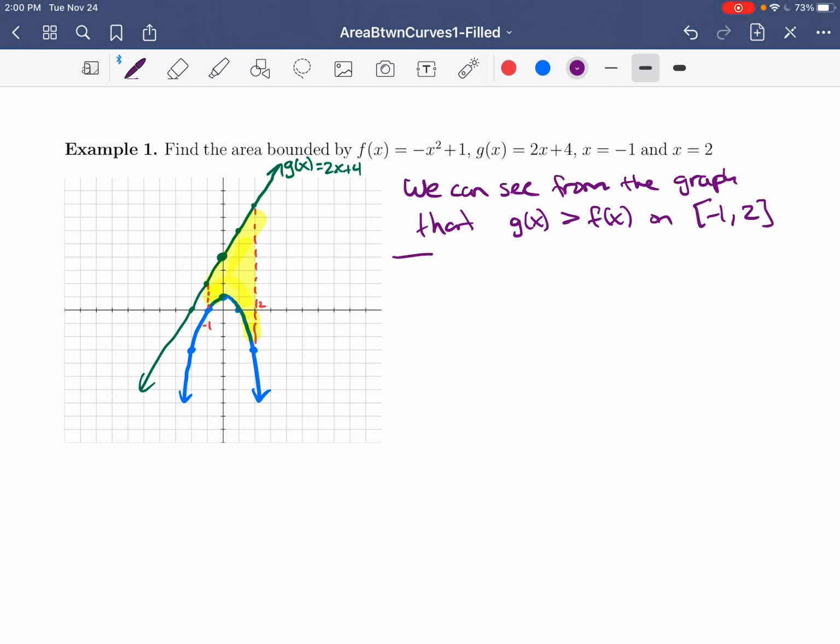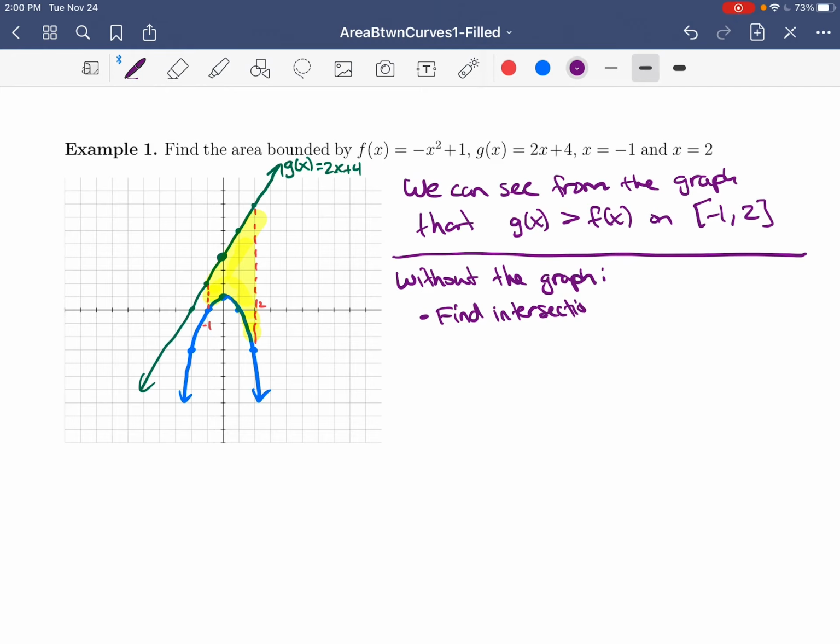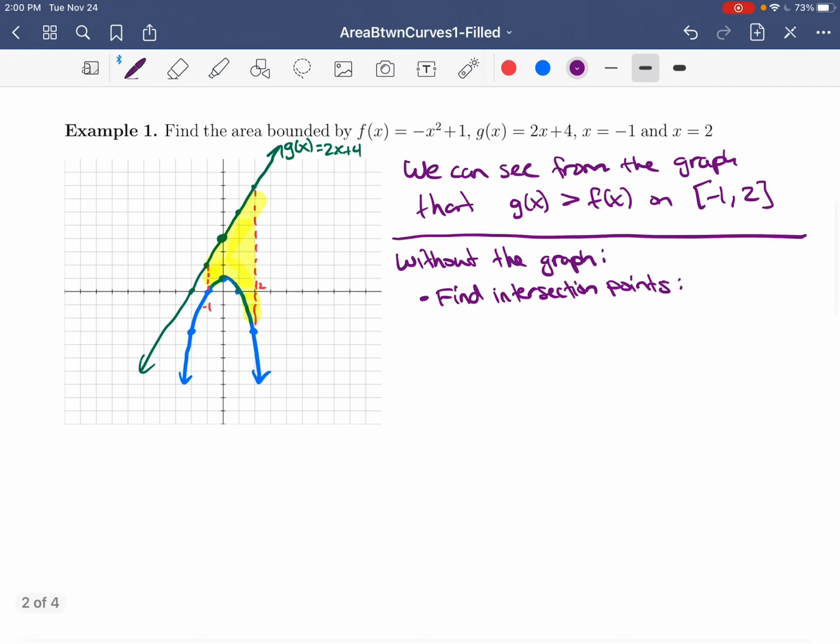We don't need to do what I'm going to do right now, but if we couldn't graph them, then without the graph what we'd want to do is find the intersection points, which these ones don't have, and we're going to see how we can see that.